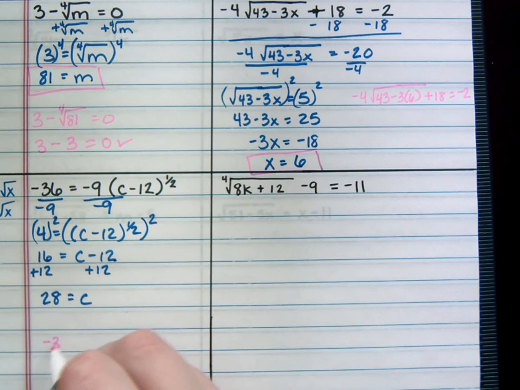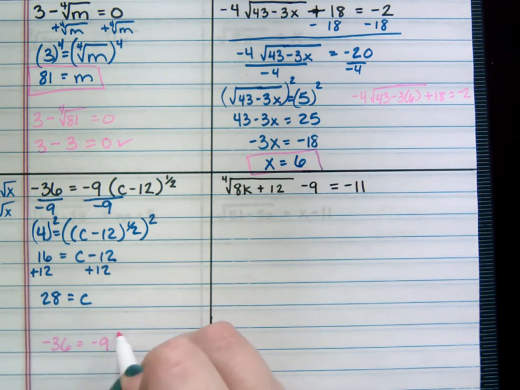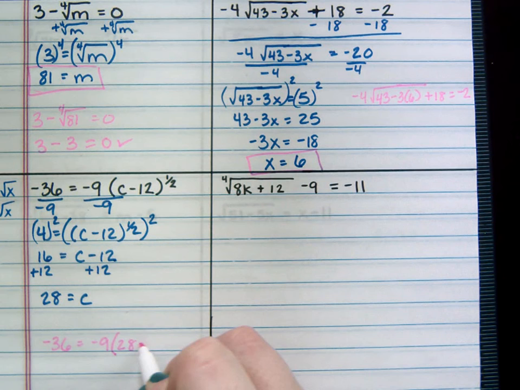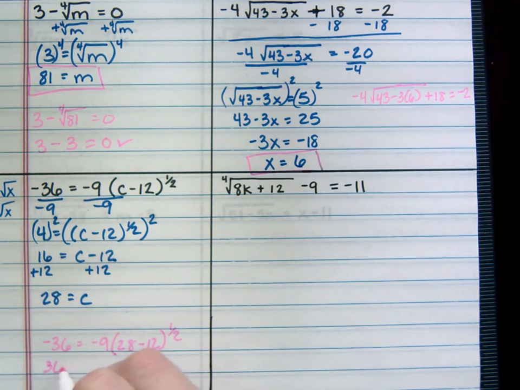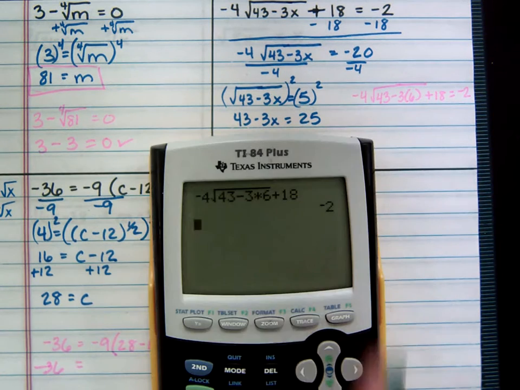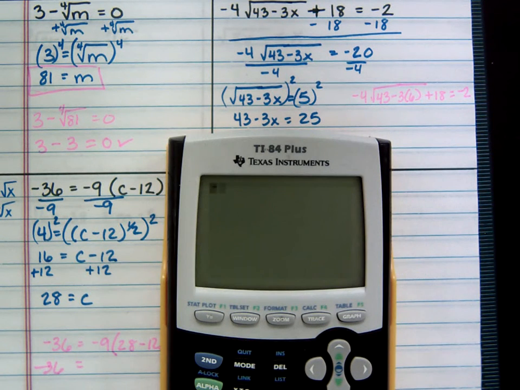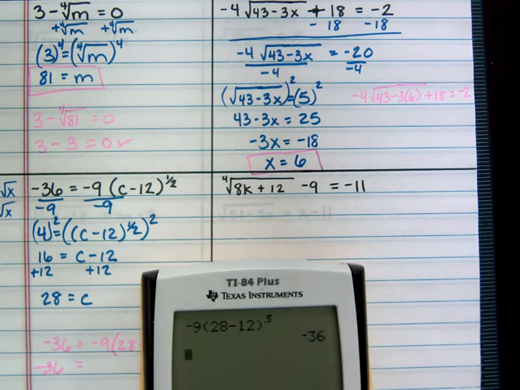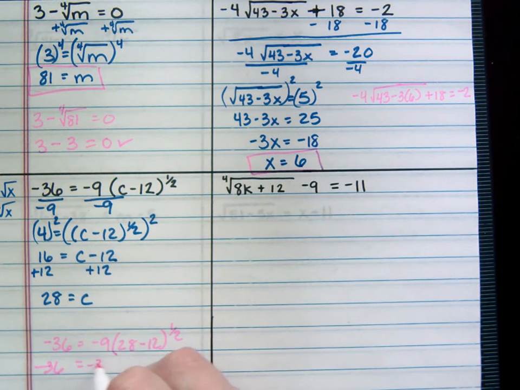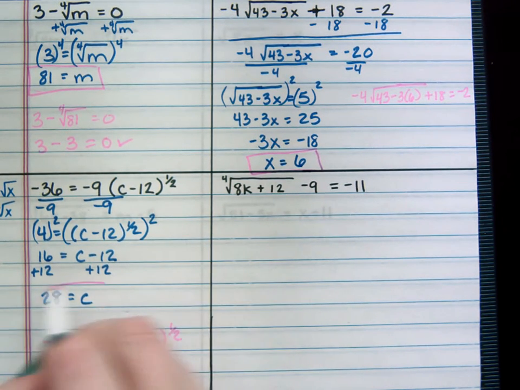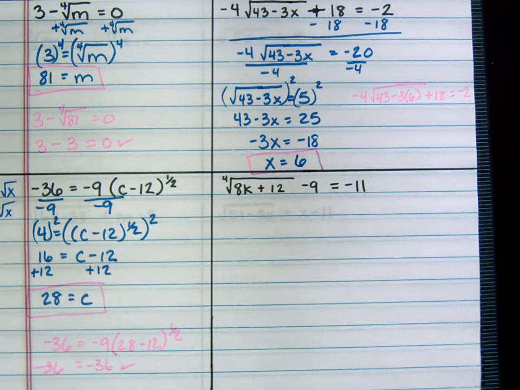So negative 36 is equal to negative 9 times 28 minus 12 to the half power. Again, I'm just going to use my calculator real quick, do it all at once. So if I type that in, I'll also get negative 36, which means this checks out, and this is our answer.